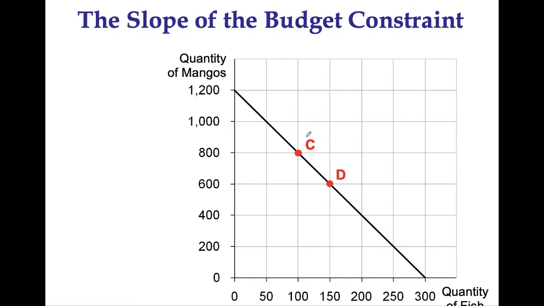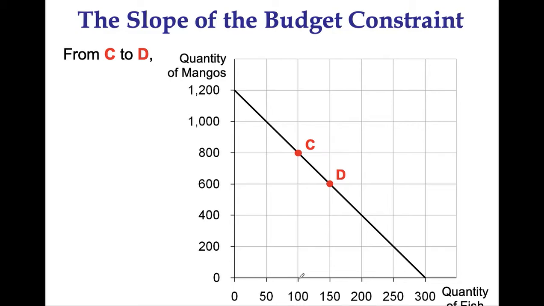Imagine the first situation is C. Okay, let's imagine we start at C, and our consumer wants to move from C to D. At C, his bundle is represented by 800 mangoes and 100 fish.